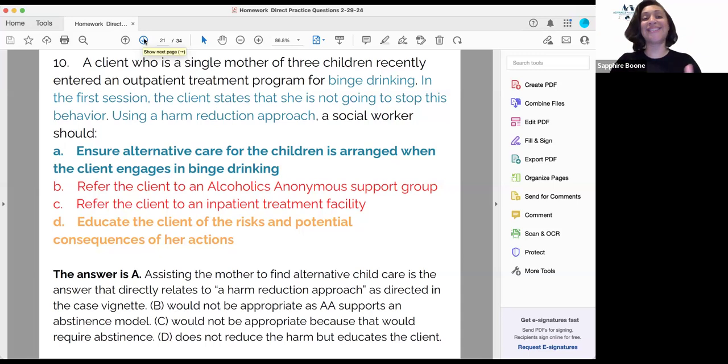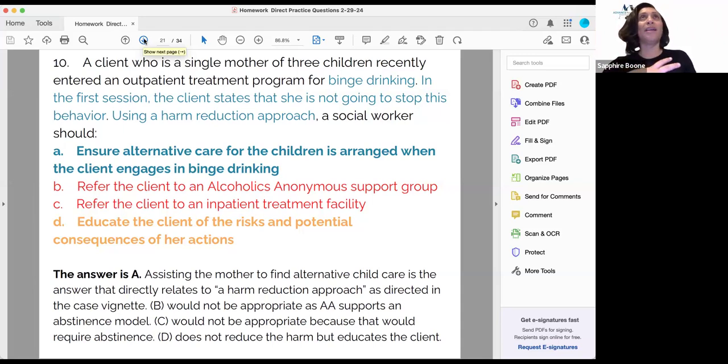But when I ask, can you give me examples of harm reduction in a social work setting, it'll send me some. So I'm going to give you more examples of how harm reduction looks. I just want you to see that D is a good, solid social work answer.